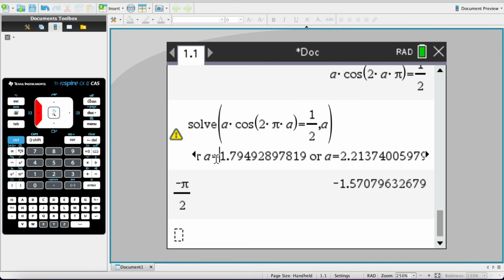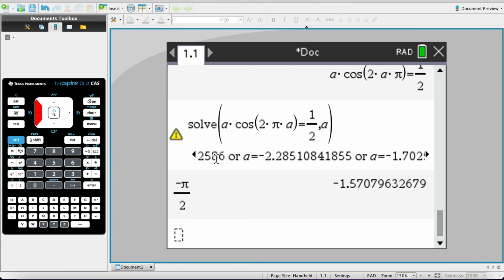No, there's not. It's not 1.18. There's a fair bit of answers. No, it's none of these. So I must have made a mistake.